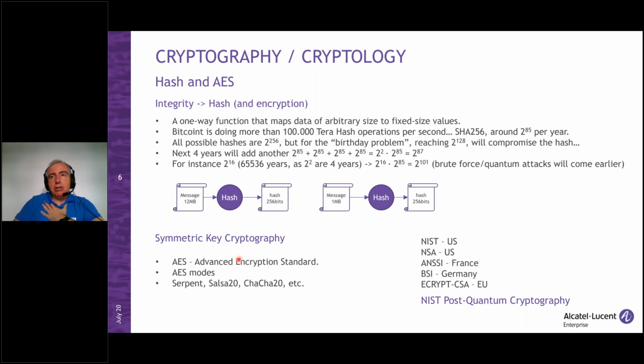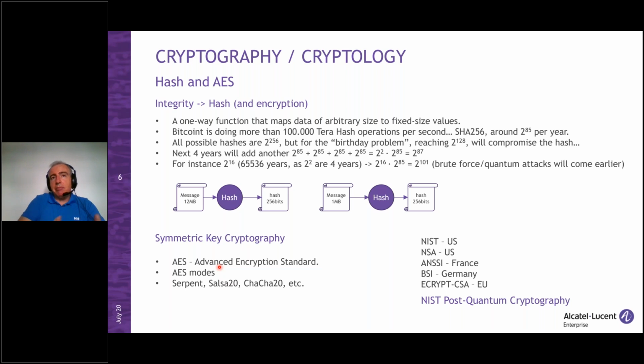Which encryptions should be used or are most widely used in commercial encryption? Again, commercial grade encryption. The king is AES, the Advanced Encryption Standard, which is from the 80s, and it's still in good health as far as you do things right and use a good random number generator.